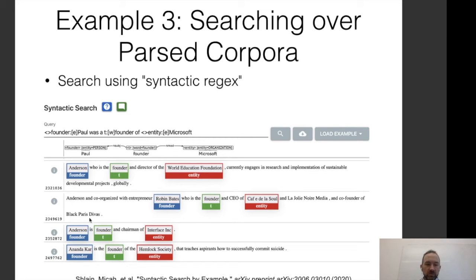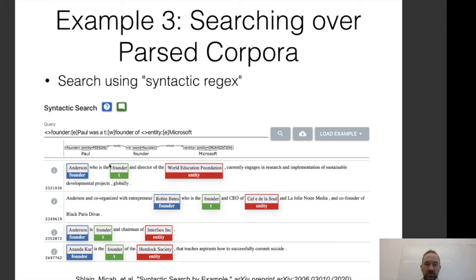And so we list this founder, and we have an example of this being something like Paul, and we have was a founder of a particular entity. Let's say that entity is Microsoft.